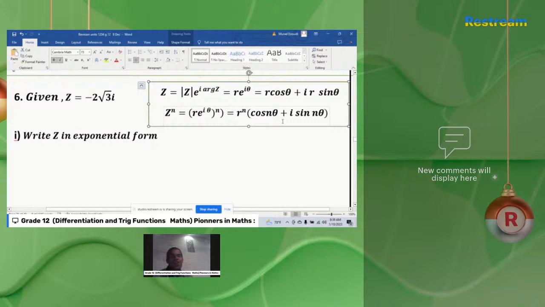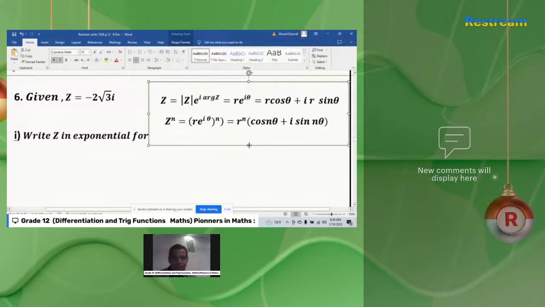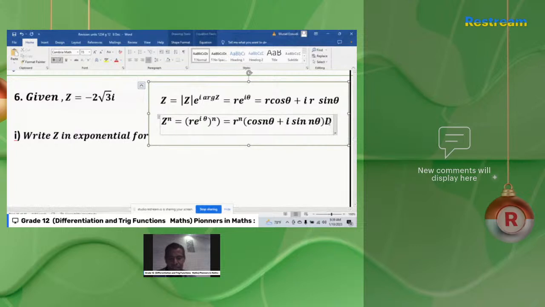This is the De Moivre formula, but Euler's formula is written as exponential Ix only. So this last one is called De Moivre. I will just write DMF means De Moivre formula.